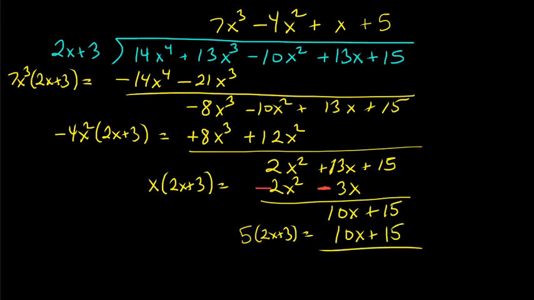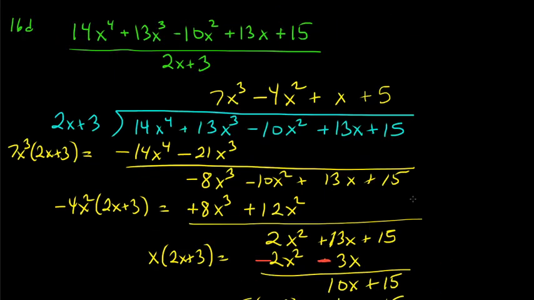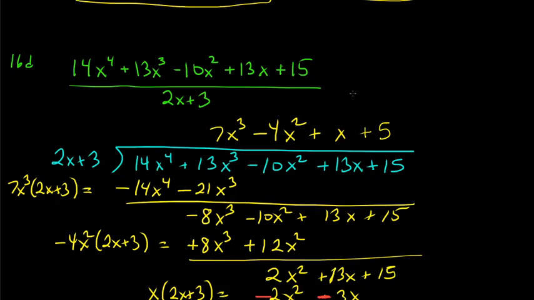One last subtraction, flip the signs and add. So when we flip the signs from both positive to both negative, we end up with 0 plus 0. So here the remainder is 0, right? So this divides evenly, right? So the answer is just 7x cubed minus 4x squared plus x plus 5.